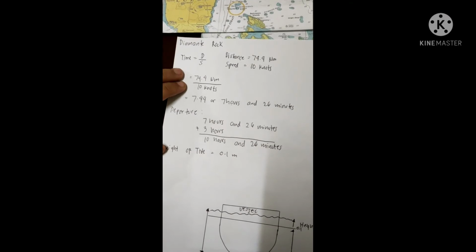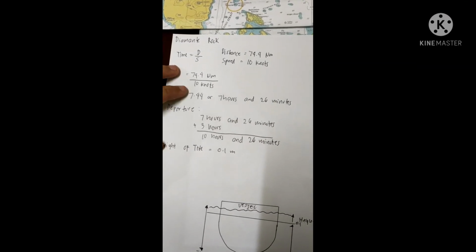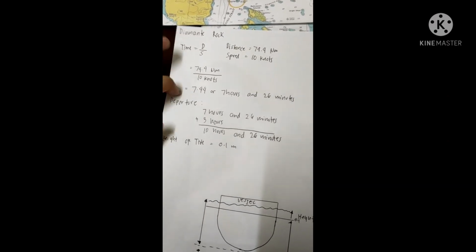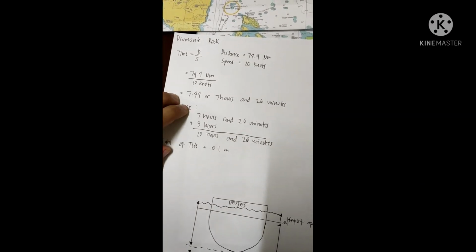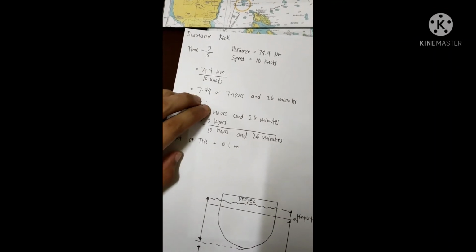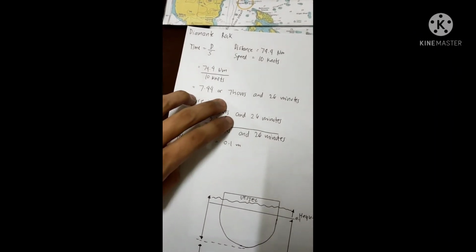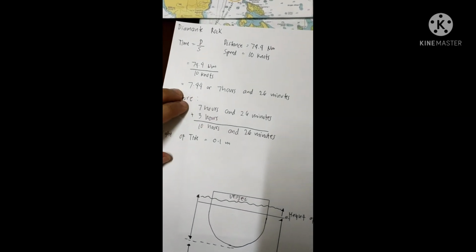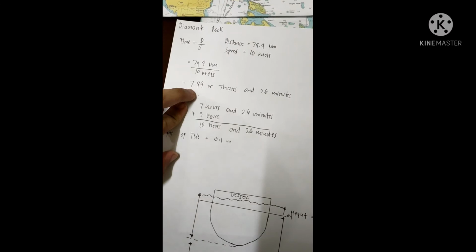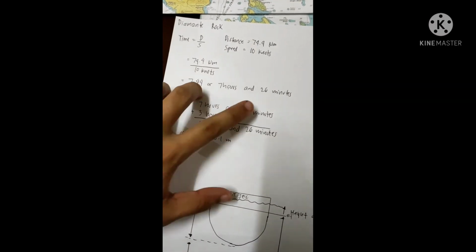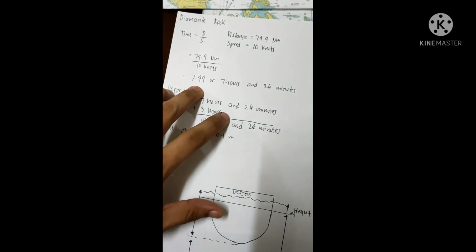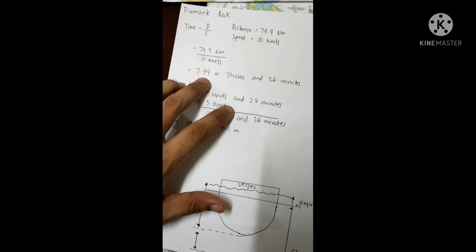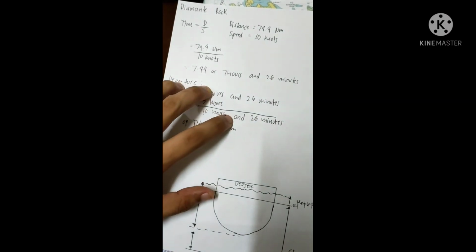So 74.4 nautical miles over 10 knots equals 7.44, or 7 hours and 26 minutes. The 7 is automatically 7 hours, and in order to get 26 minutes, we simply multiply 0.44 by 60.